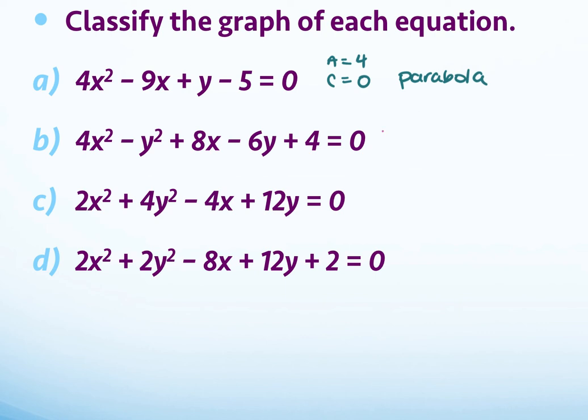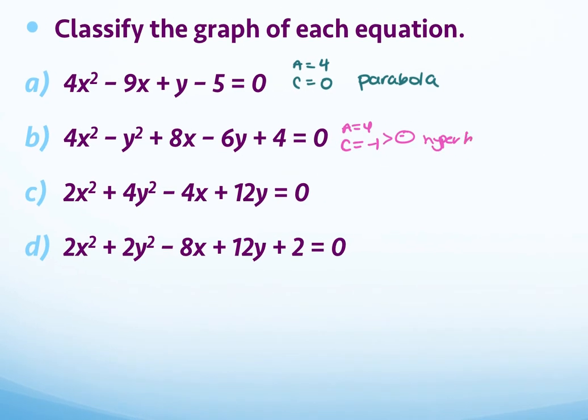B, what would be A? 4. What is C? -1. They are not equal. That's the first thing you want to check. So then their product is positive or negative? Negative, which means hyperbola. Go to C. What is your A? 2.